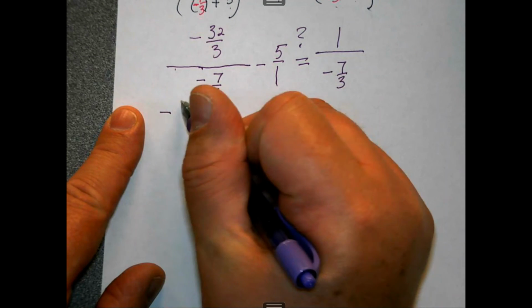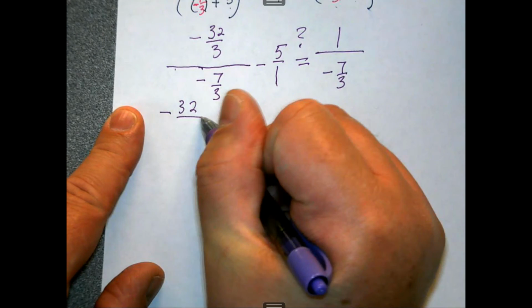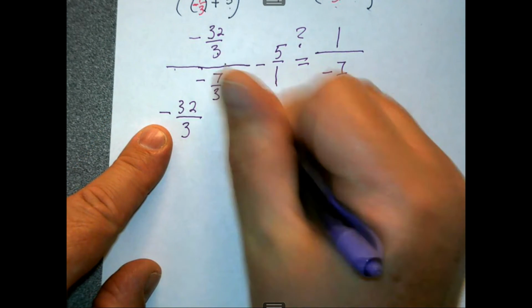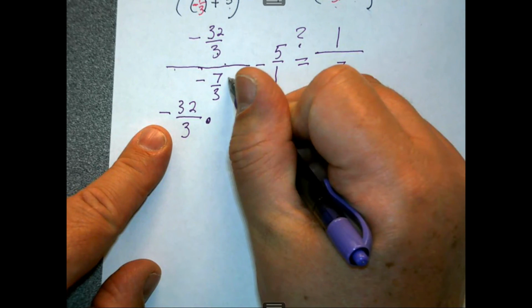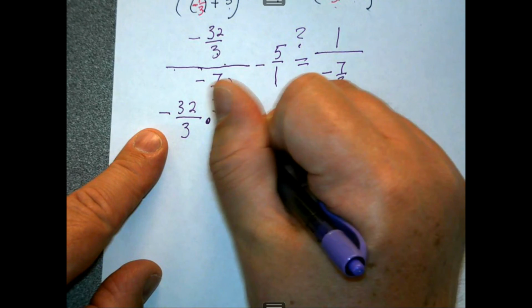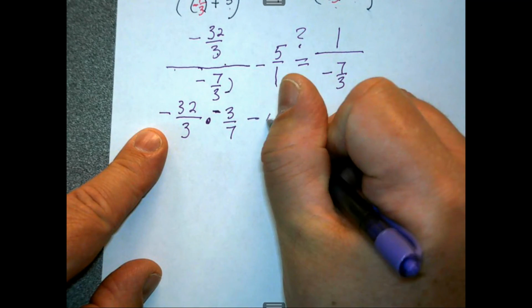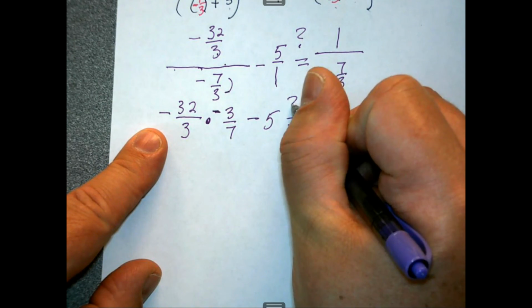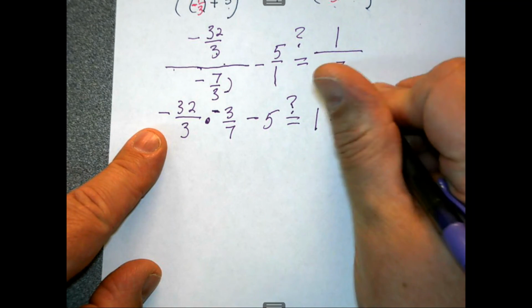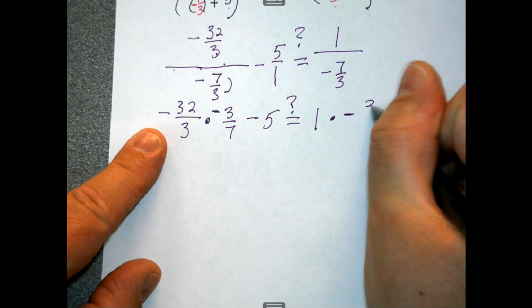We take the first fraction, change this to multiplication, flip the second fraction.